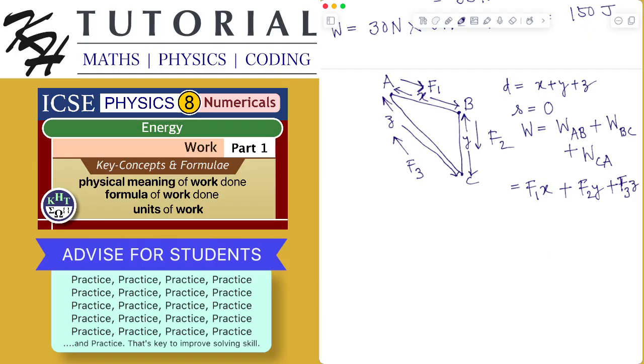And the work done was the work done along the path A to B, plus work done along the path B to C, plus work done along the path C to A. That is the work done by the force F1 in moving the body from A to B, whose distance is x, plus the work done by the force F2 in moving the body from B to C, where the displacement is y, and finally the work done by the force F3 in moving the body from the point C to the point A, whose distance is z.